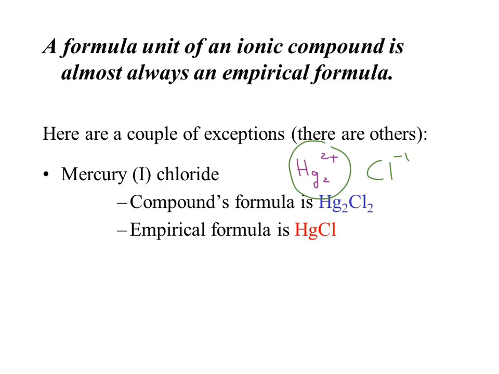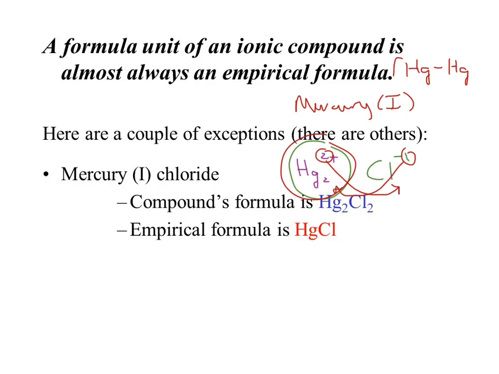If I crisscross, I'm going to get 2 chlorines and 1 of these units. But remember, this is mercury 1. Don't blame me, right? And the cool thing about mercury 1 is it has an Hg-Hg covalent bond, both running around with a +2 charge. Thou shalt not split up mercury 1, Hg2 2+.